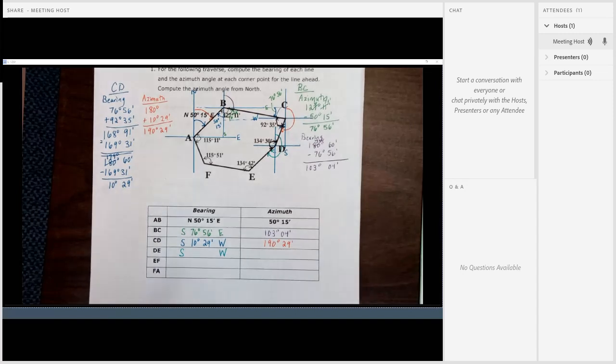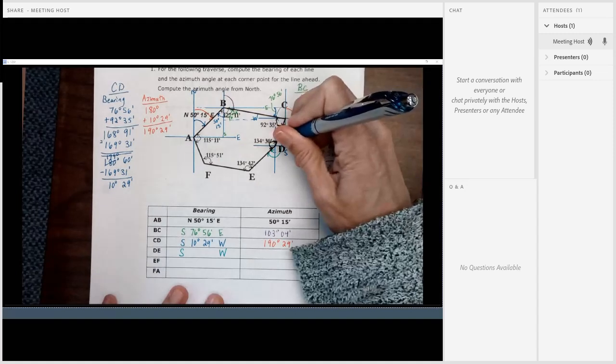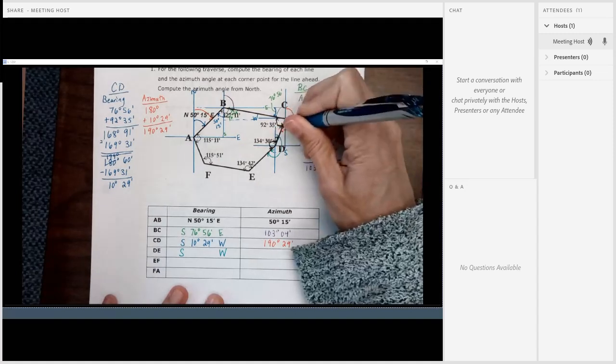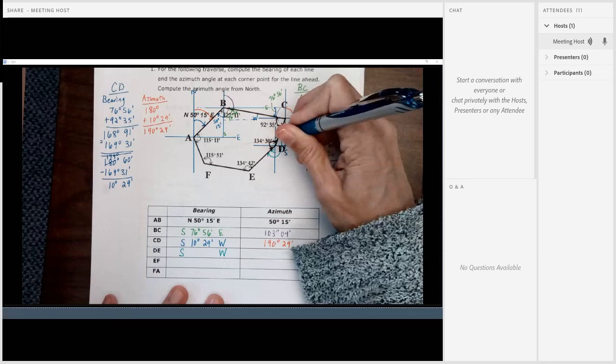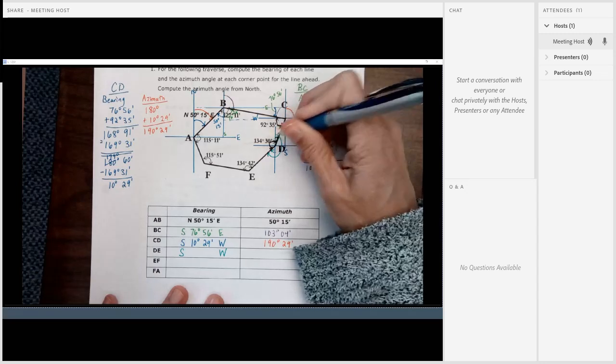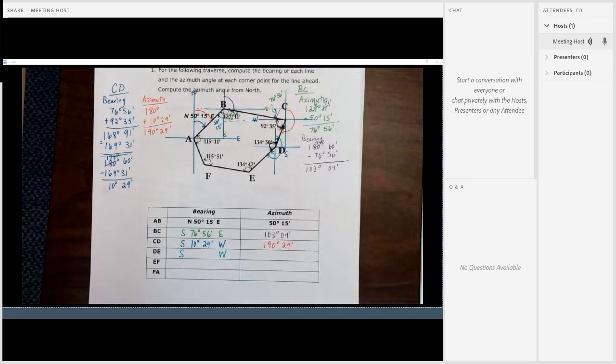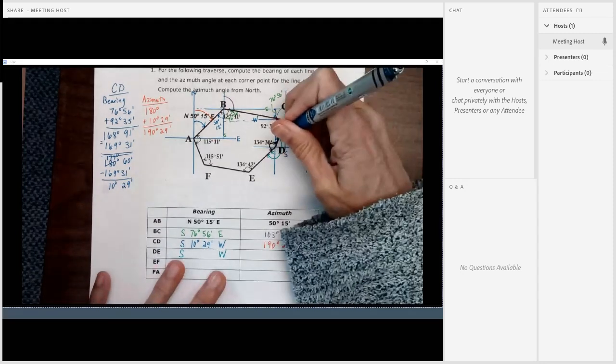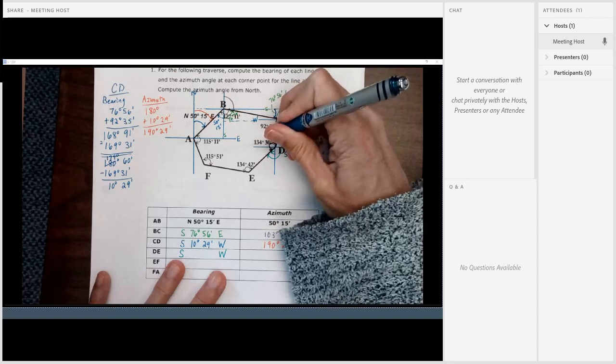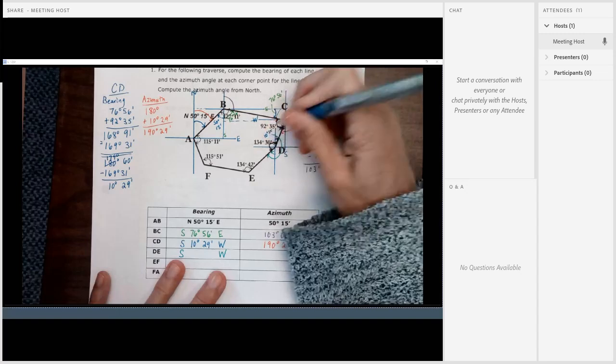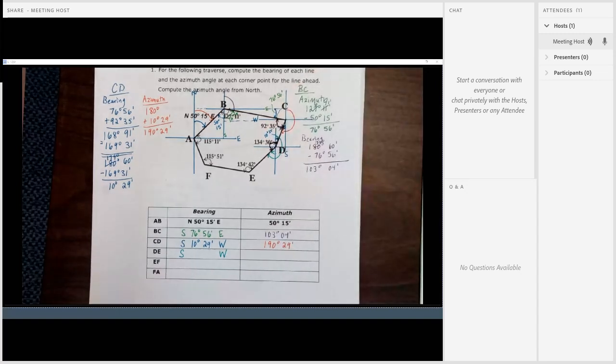So if I think about that alternate interior angle reasoning, this angle then is the same, right? It's going to have that same measurement of that 10 degrees, 29 minutes right in there. Write that in here. So I can see if that can help me.